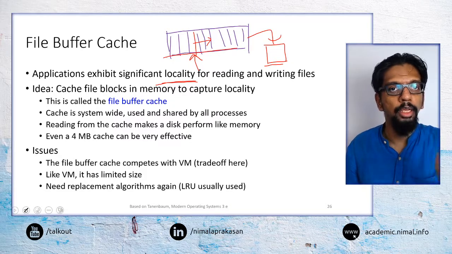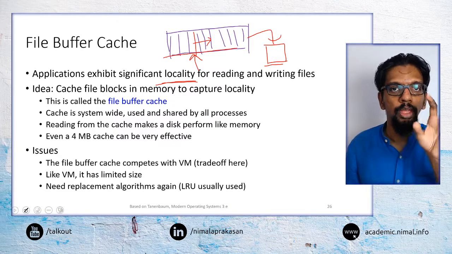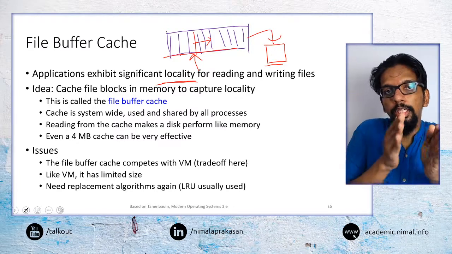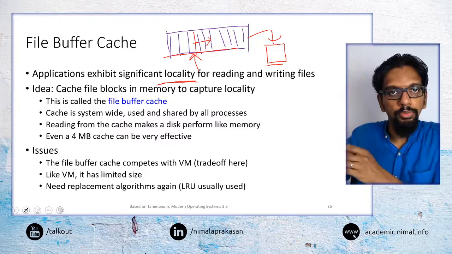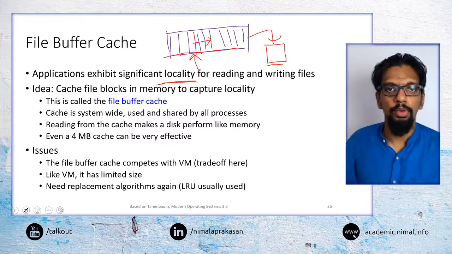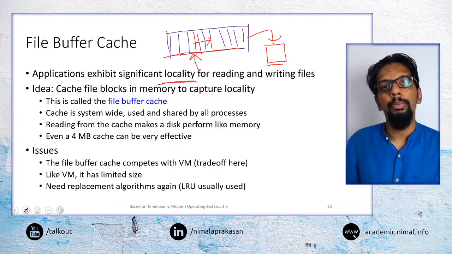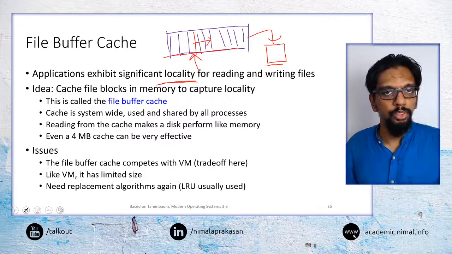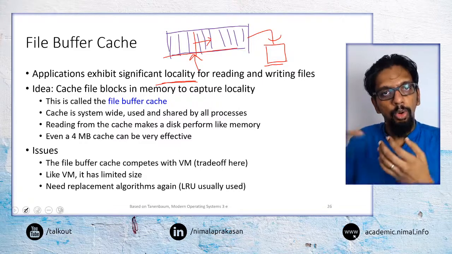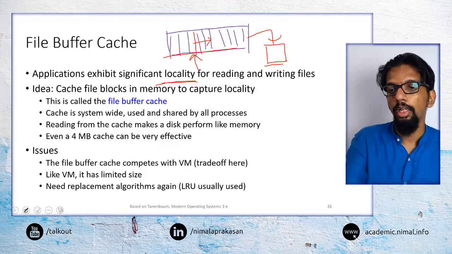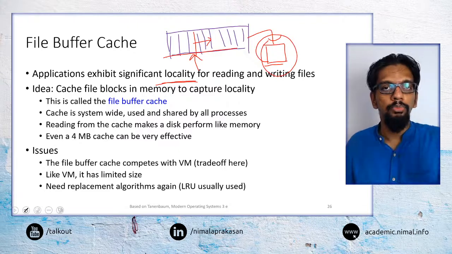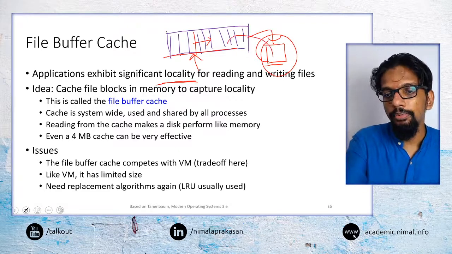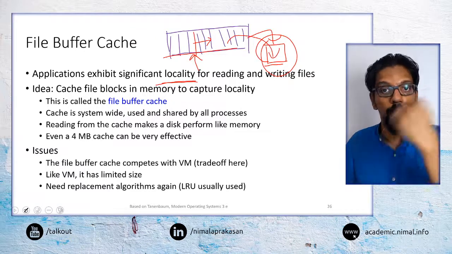If you start playing an audio file, for example, it is fairly okay to expect to load the rest of the file, because you may continue to play the same file. Or if you read a document, you may continue to read the rest of the document. So it is best to load the rest of the blocks as well. So for that purpose, we may have this intermediary storage place where we may buffer some files and read.